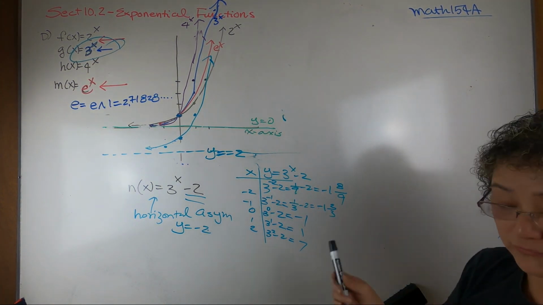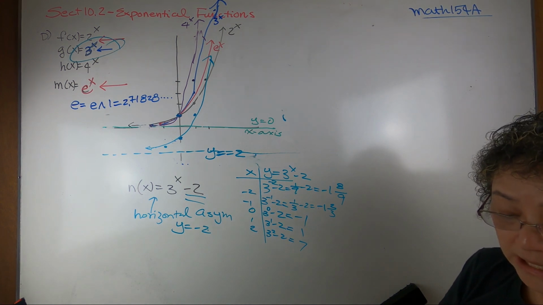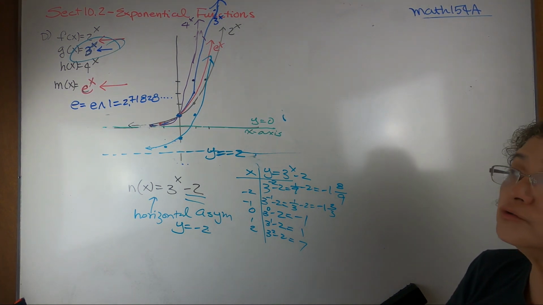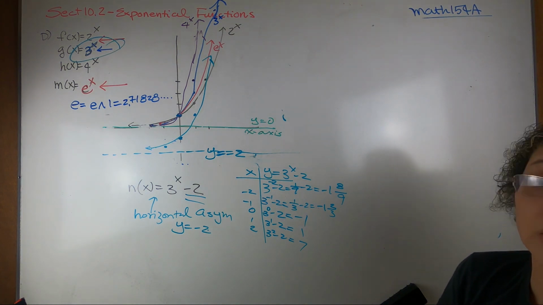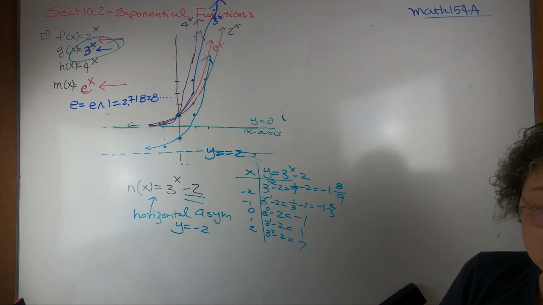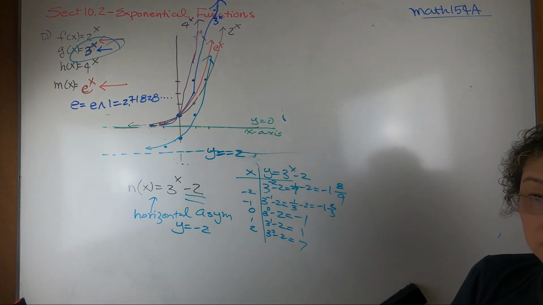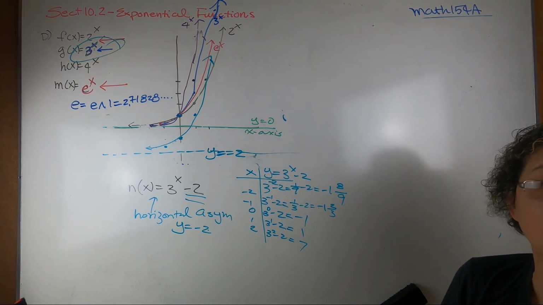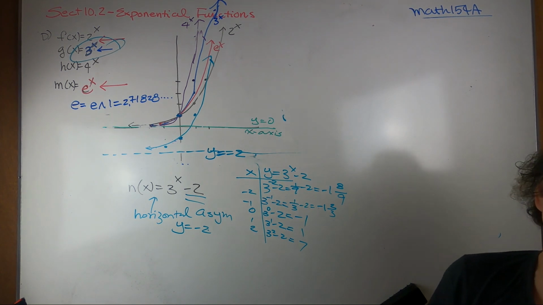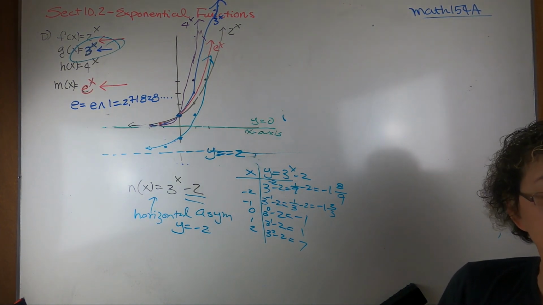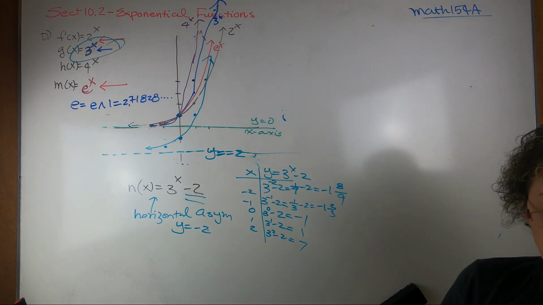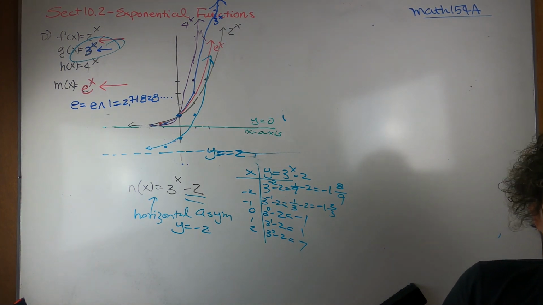First we visualize it, and next we are going to learn to solve exponential equations. Usually we find out what they look like, what they mean, then we solve equations, then we solve word problems.